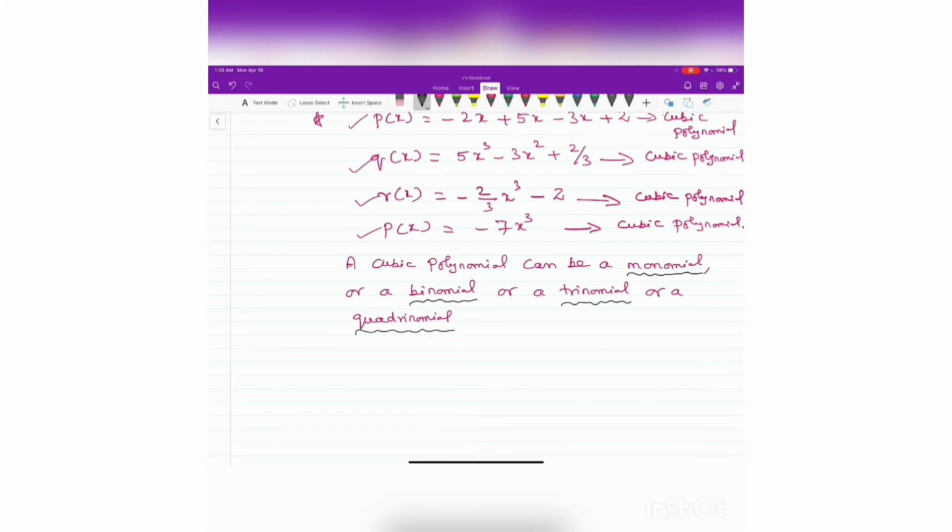Okay. The next important point is how to write in general a cubic polynomial.